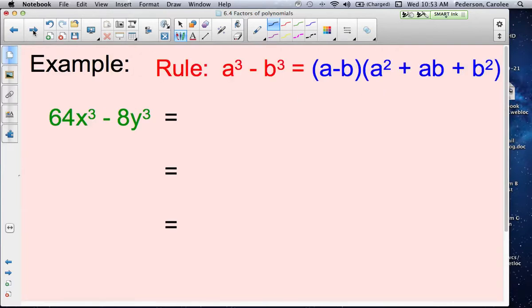We'll just do one more. This is a more difficult one. Go ahead and write the green equation down. Right here. So we want to rewrite these two terms as perfect cubes. Let's look at the 64 first. 64 can be rewritten as 4 times 4 times 4.